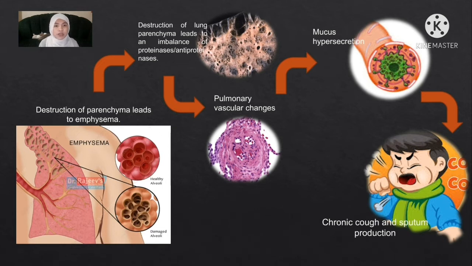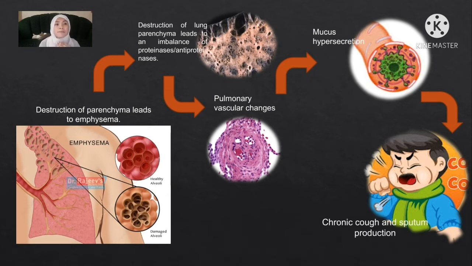So there will be an imbalance, and the destructive process will not be prevented. The pulmonary vascular changes are thickening of the vessels, collagen deposits, and destruction of capillary beds. That is what happens in the pulmonary vascular changes.